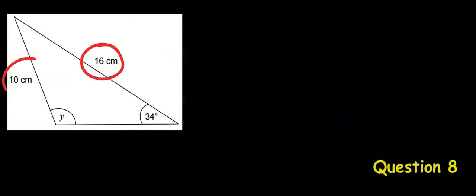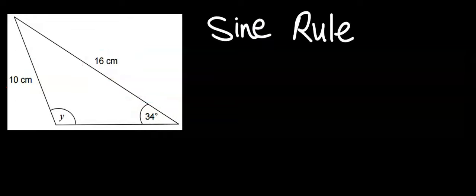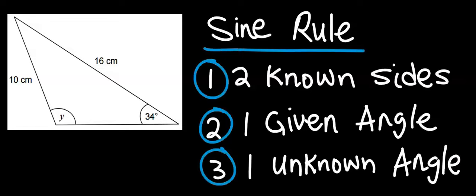Here we have two sides and also two angles, but one of the angles is unknown. With this, we're going to apply sine rule when we have two known sides of a triangle, one given angle and one unknown angle.